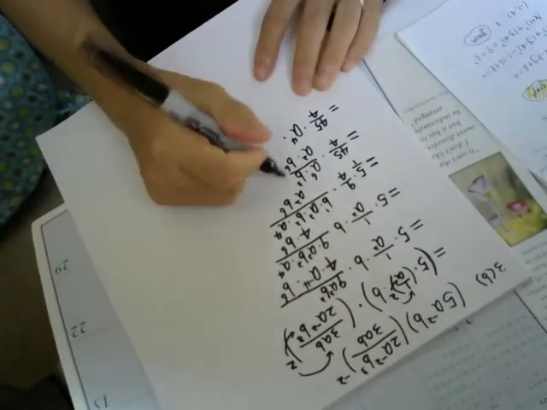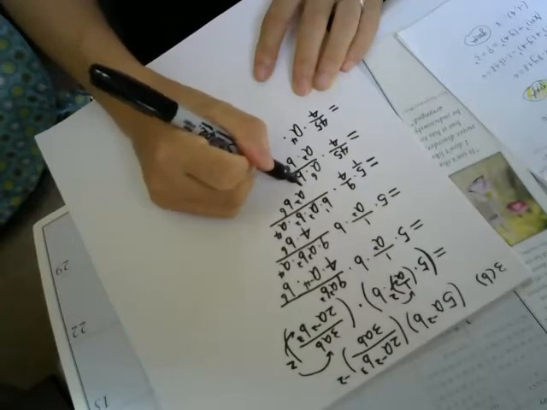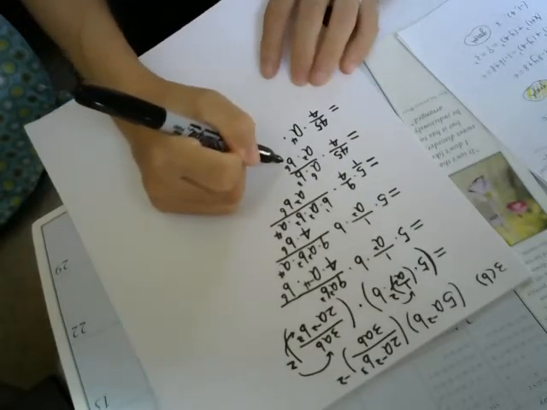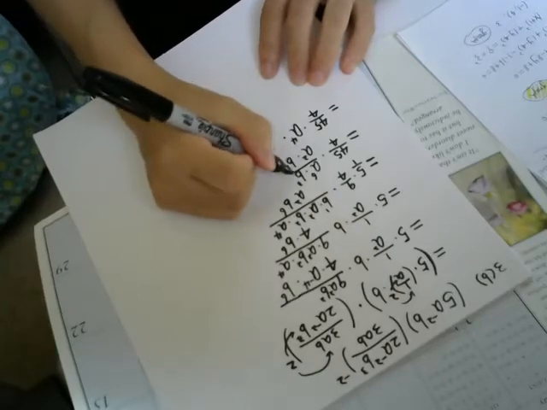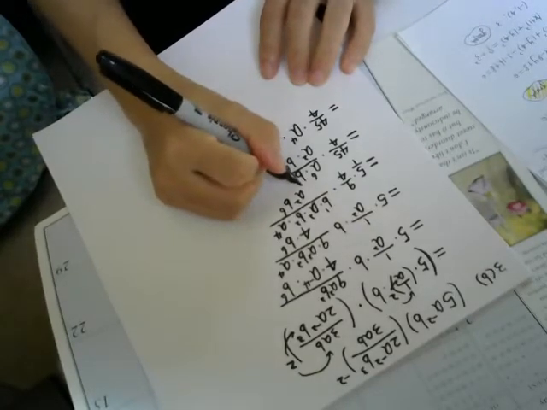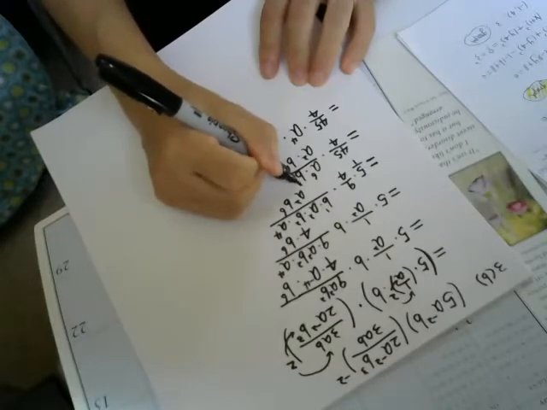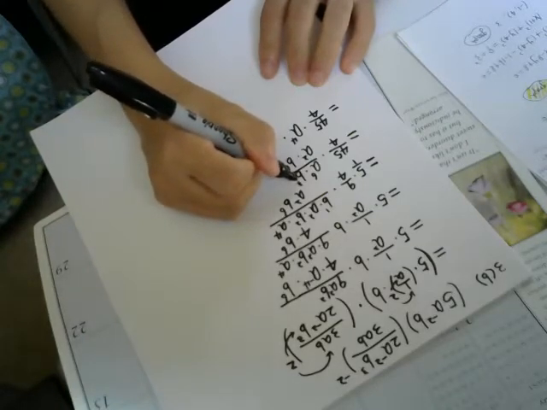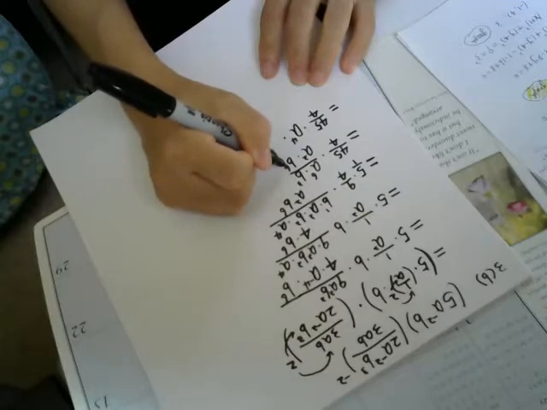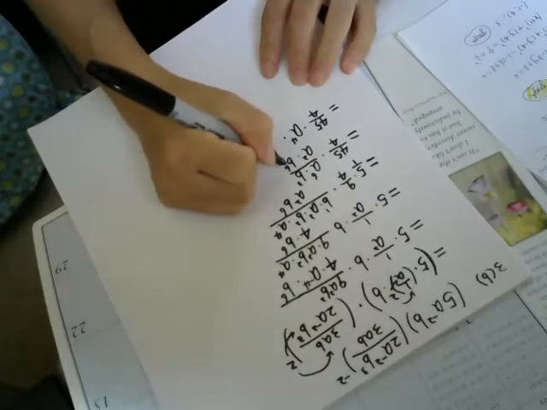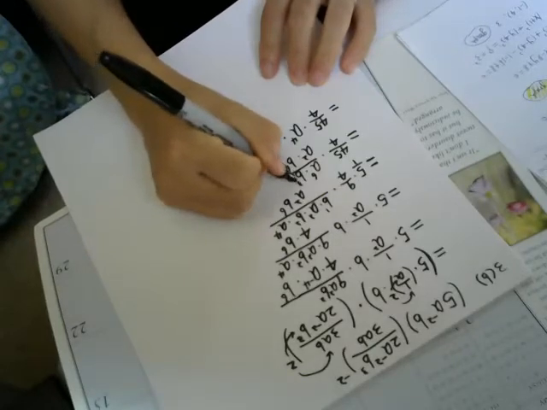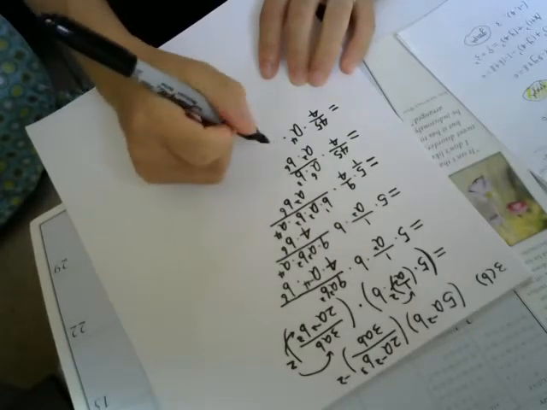And for b cubed divided by b to the 6th power, you could do the same: b to the 3 minus 6. Remember, always take the exponent in the numerator and subtract the exponent in the denominator. So it's 3 minus 6, which is negative 3.